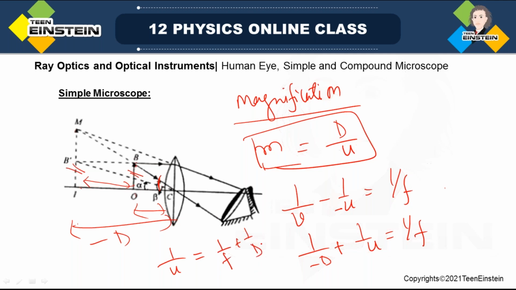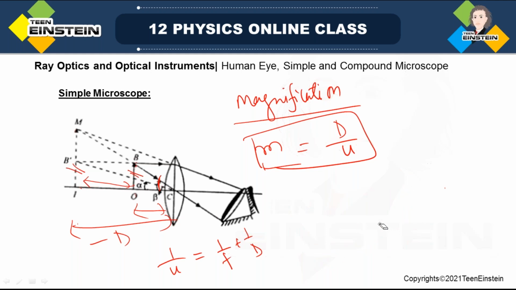Now if we multiply D on both sides, we get D by U equals D by F plus 1. So what is D by U?